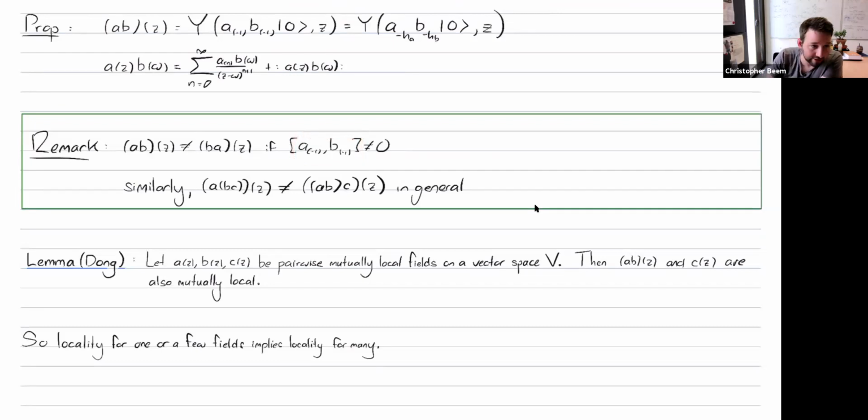And in general, unless a much more complicated condition is satisfied, you're not going to have an associativity condition of this composition. Okay, so you have a nice operation to compose local operators, but it doesn't give you a particularly nice algebraic structure on your vector space.